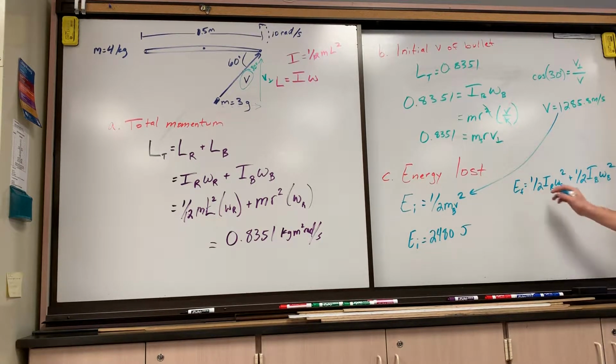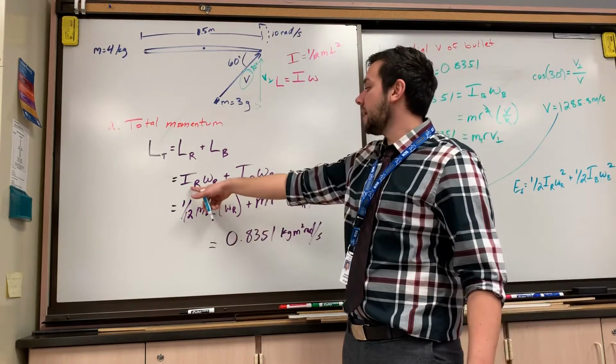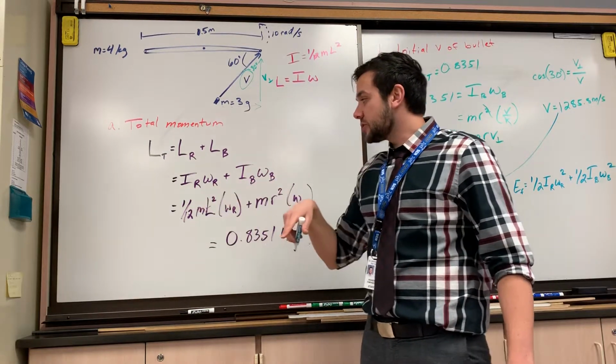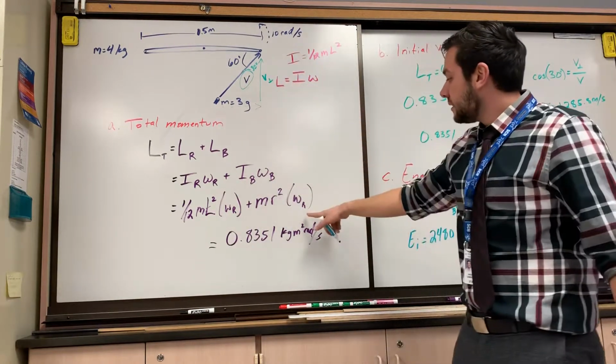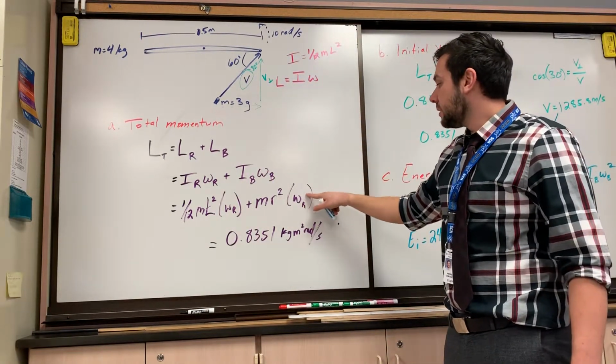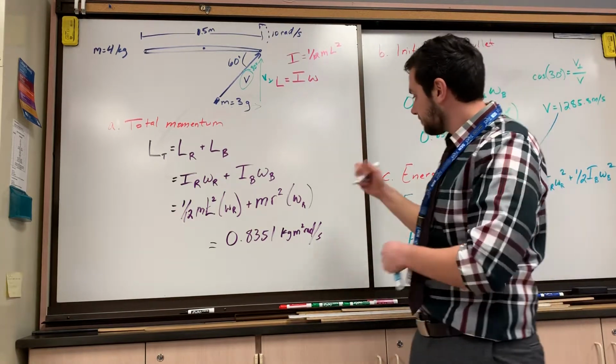These are all values that we already knew how to calculate here. 1/2 ml squared is I of the rod, or the rotational inertia of the rod, and then omega of the rod is 10, as is omega of the bullet. I'm sorry, this should say bullet here. Let's correct that.